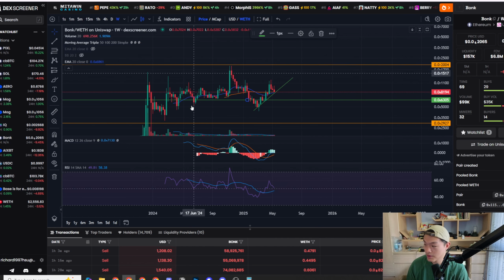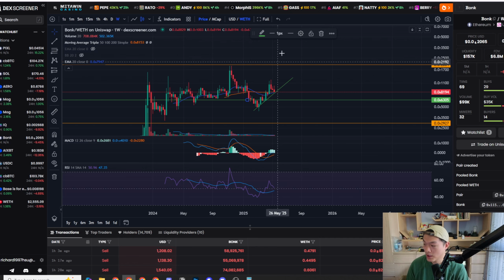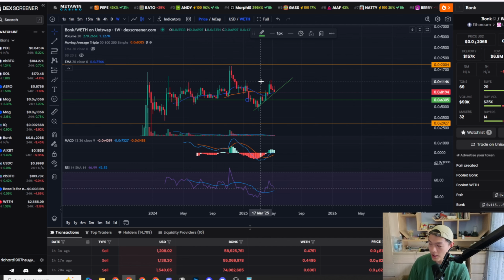So if I was to be in range for more than 1 year, and you can see my APR is roughly 98%, let's just call it 100%. If I'm in range for 1 year, then I'm going to always be beating just holding these two tokens separately, because my fees would be greater than whatever assets I put in and therefore greater than impermanent loss as well.